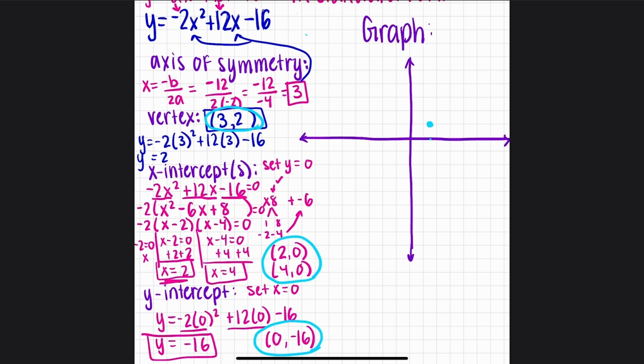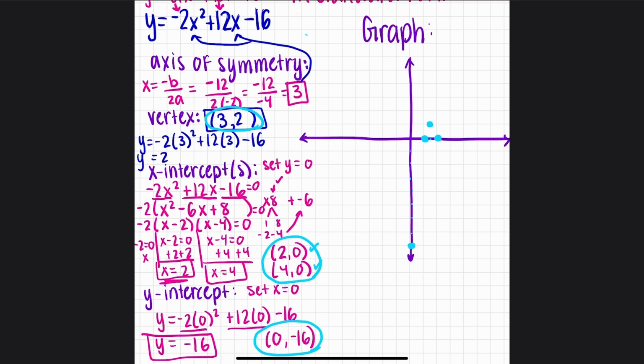There's my vertex. For my x-intercepts, my first one is run 2, jump 0. Run 4, so 2, 4, jump 0. And then plot your y-intercept. My y-intercept is 0, negative 16. So 2, 4, 6, 8, 10, 12, 14, 16.